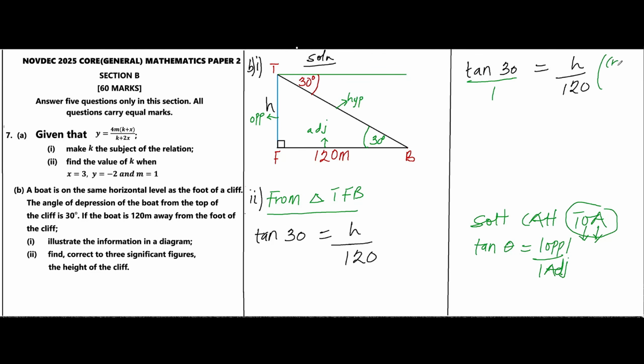So we can cross multiply. When you cross multiply, we have 120 times tan 30. So this gives 120 tan 30. And then 1 times h, we have h.